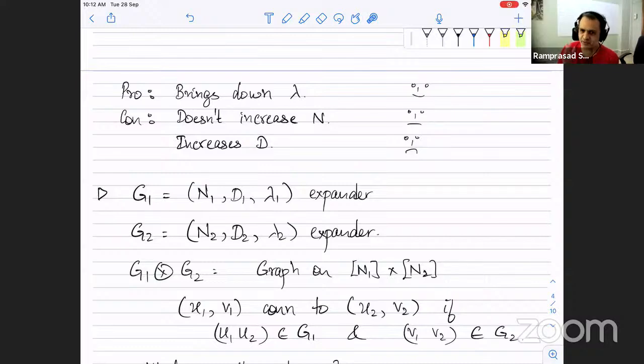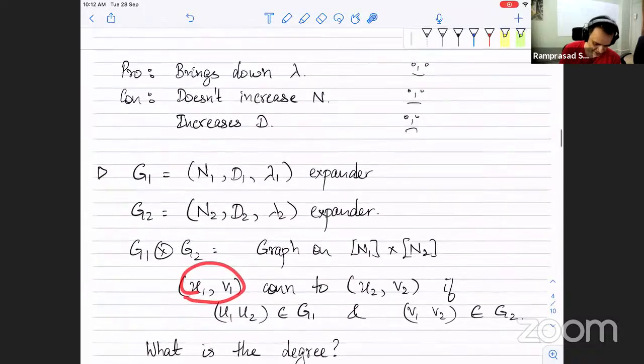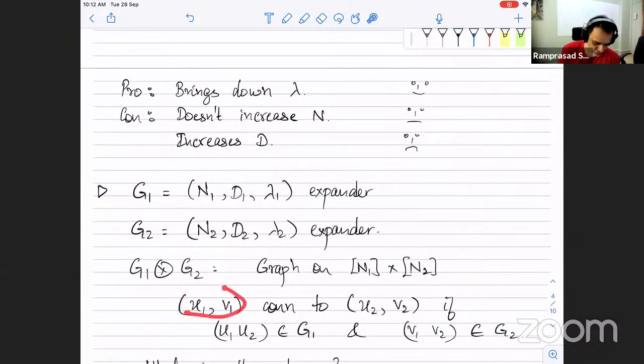Again, I'm cheating here. What I really mean is the following. Every vertex U1 V1 has edges emanating out of it for every labeled edge out of U and every labeled edge out of V. When I ask you to take the 3,4th edge, you look at the 3rd neighbor of U and the 4th neighbor of V. That is, you move on both graphs. I hope the definition of this tensor is clear.